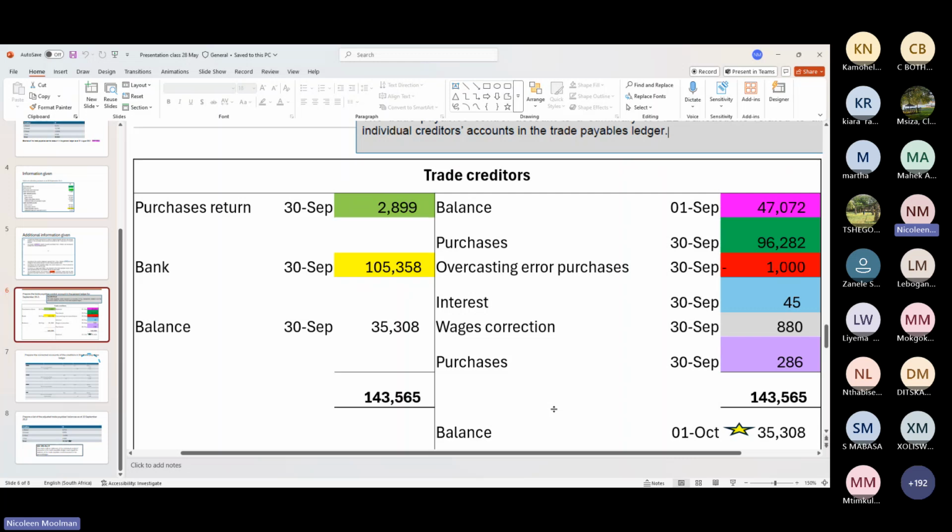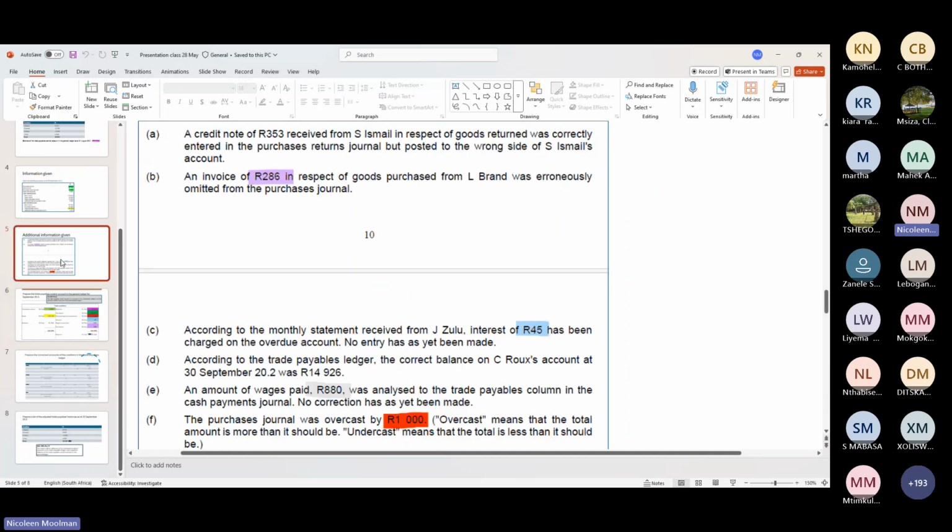But the wages should have never formed part of your trade creditors. So in this example, we would say credit trade creditors and debit wages, because it's an actual payment for wages and not for trade creditors. So that's why we say credit trade creditors and debit your wages 880. It should never have been in that column in your cash payments. I hope that makes sense.